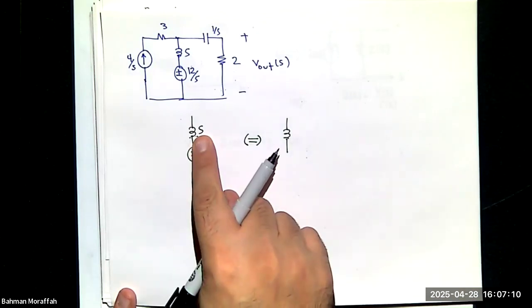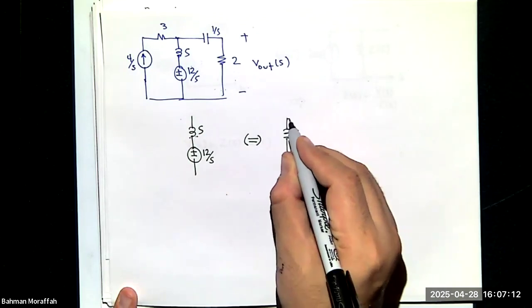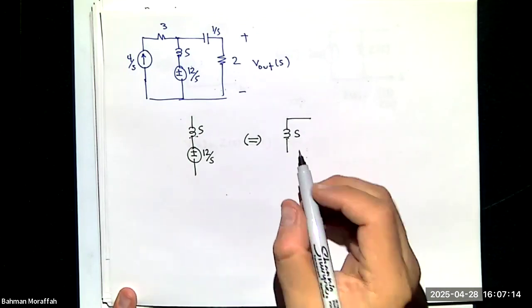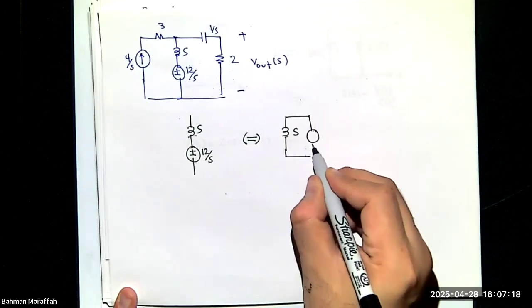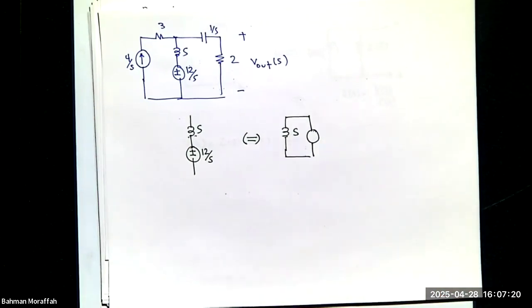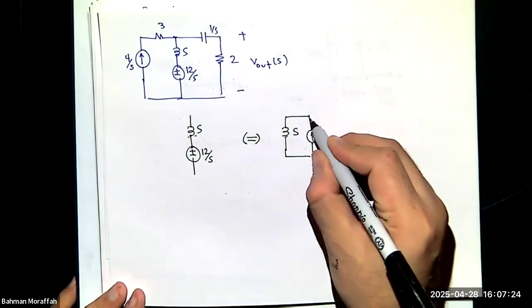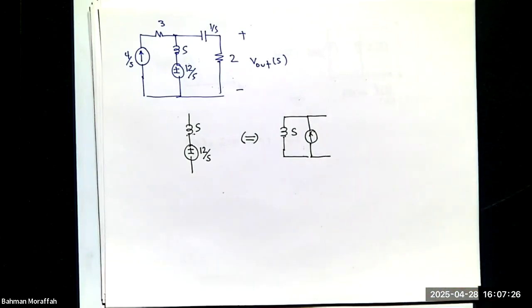That's just exactly S, it doesn't change. Followed by a current source. What is the direction of the current source? It's upward, right? What is the value of this current source? It's 12 over S squared.